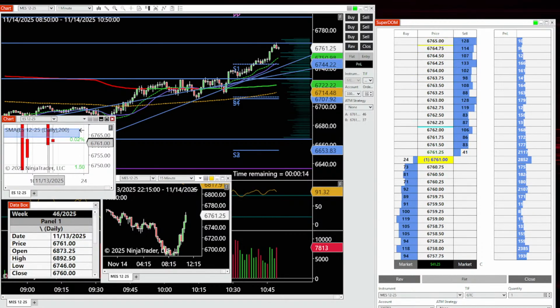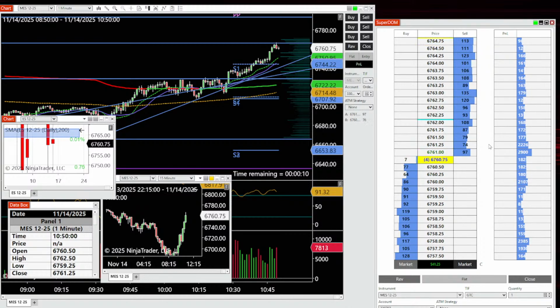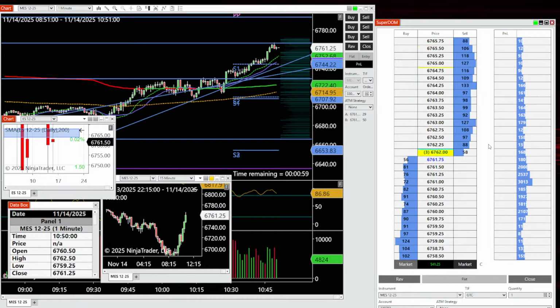In between the open and the previous day's close is 60. Testing previous day, testing open, not the previous day, or prior open. Testing open.